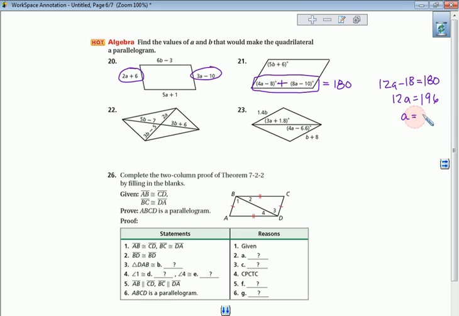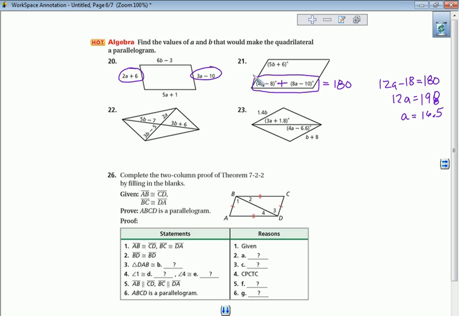So A equals 16.5. It gives me a little bit of a decimal. So we'll plug 16.5 in, get this one subtracted from 180, and that's what we'll set this equal to.